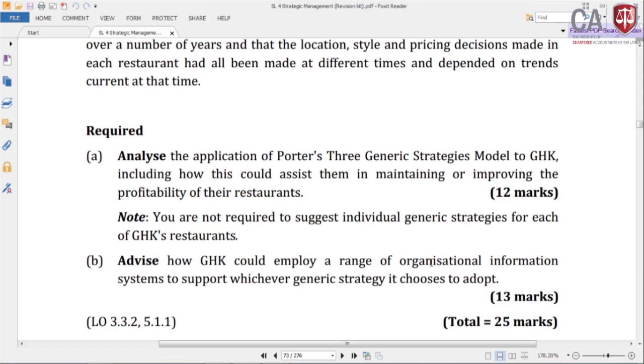Anyway, look at the B requirement also. What is the B requirement? Advise how GHK could employ a range of organizational information systems to support whichever generic strategy they choose to adopt. So, this question tests your knowledge on information systems.